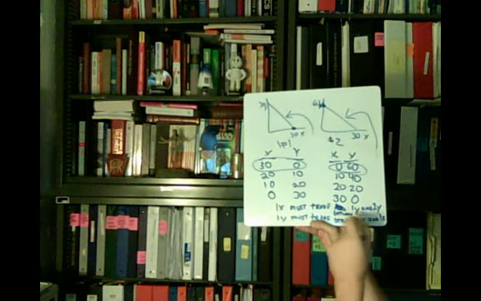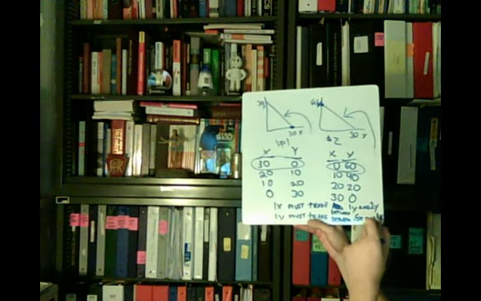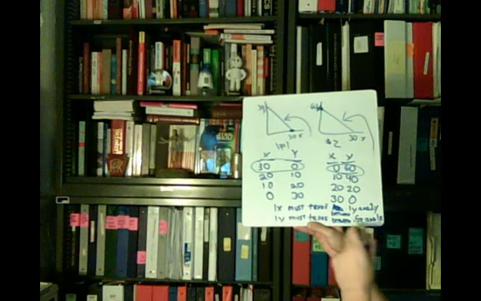Sorry, I'm just writing this out here. So, 1x has to trade between 1y and 2y. That was the range of the comparative advantages. 1y has to trade between half an x and an x.